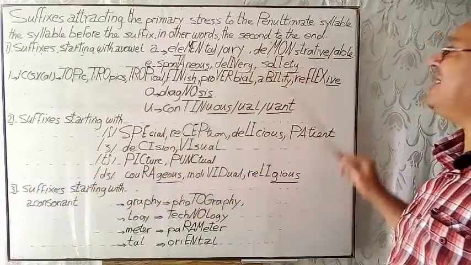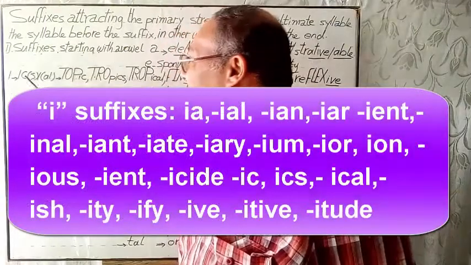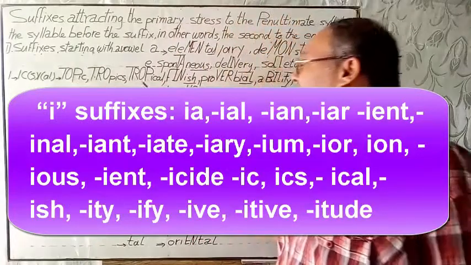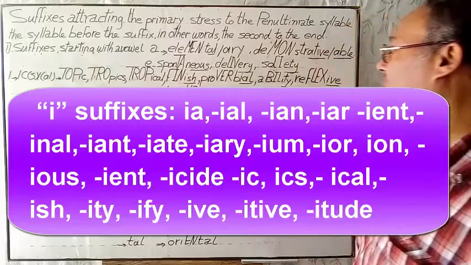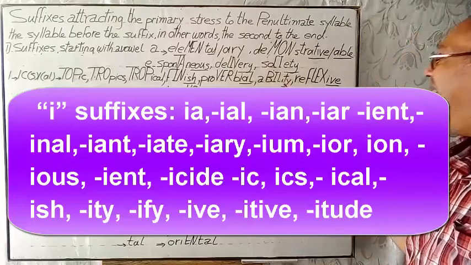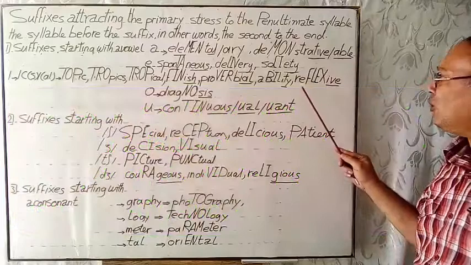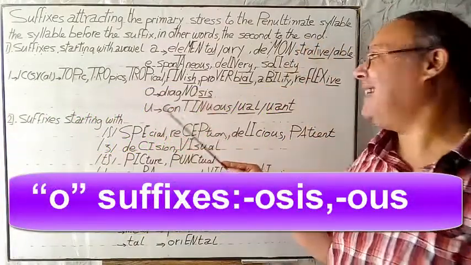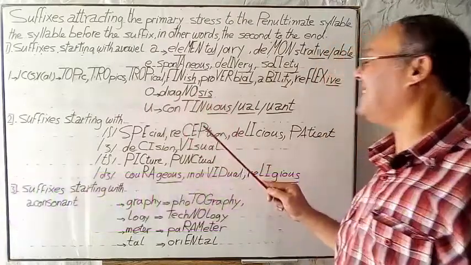Society, ETY. For I, we have ick, equal. So topic, tropics, tropical. ISH, finish. IAL, proverbial. ITY, ability. IVE, reflexive. For O, we have OSIS, so diagnosis.